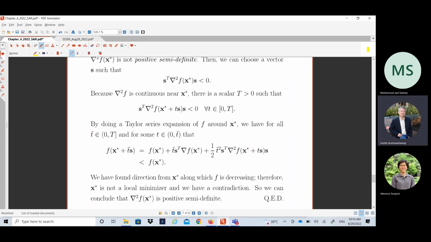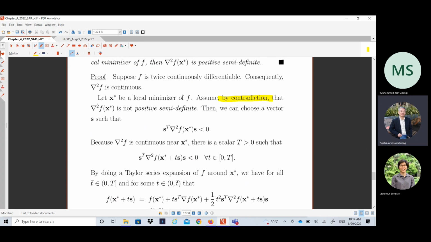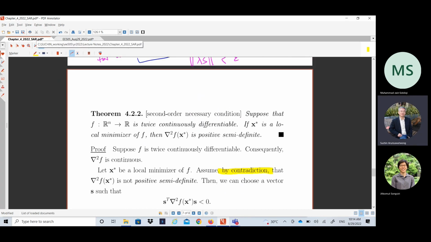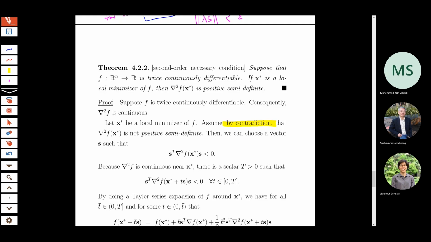If you want to see this, the proof is actually already here, but this is taken from the book Numerical Optimization by Nocedal and Wright. This book is a reference in the course syllabus. You can download this from the Springer Link database through Chulalongkorn.